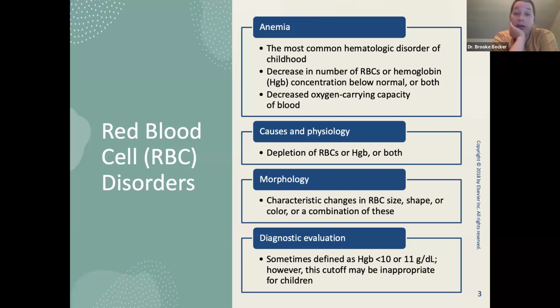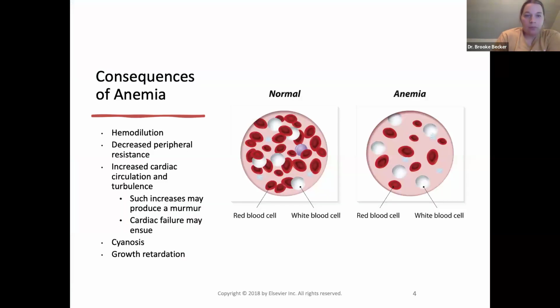Now for children, the hemoglobin level can vary based on their age, so a lower hemoglobin might be more acceptable in a younger kiddo. Hemodilution is one option for a type of anemia.